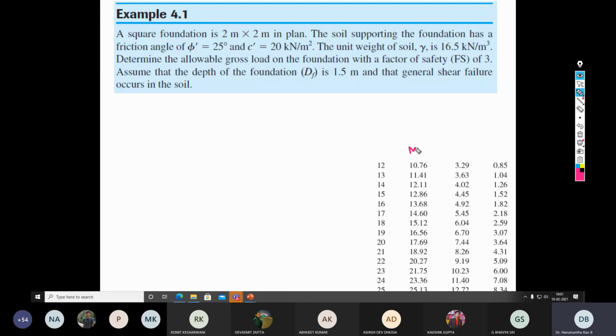This is Nc, the first one. This is Nq. The last one is called N gamma. Given phi dash is 25 degrees, corresponding to 25, the Nc, Nq, N gamma values are 25.13, 12.72 and 8.34.